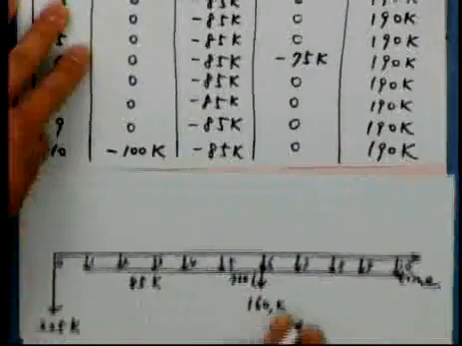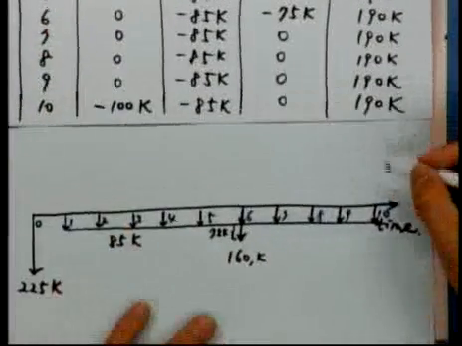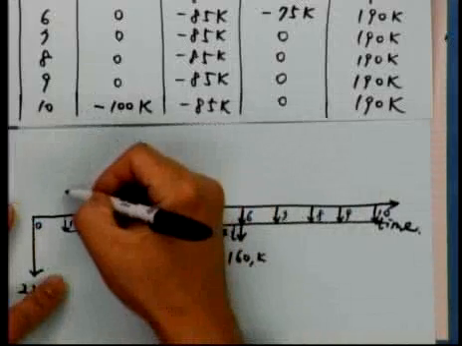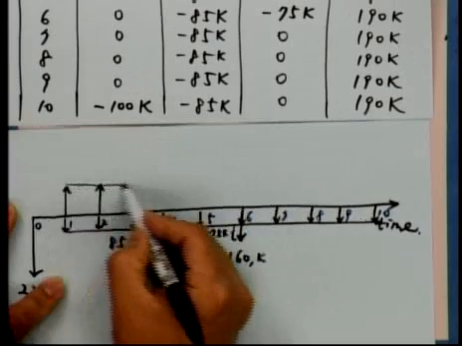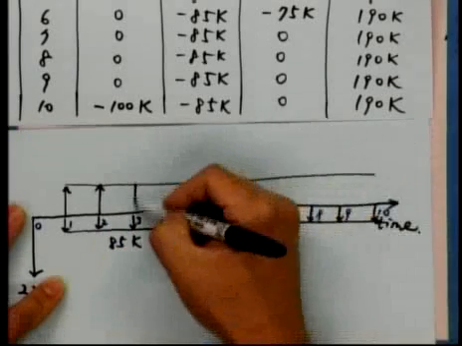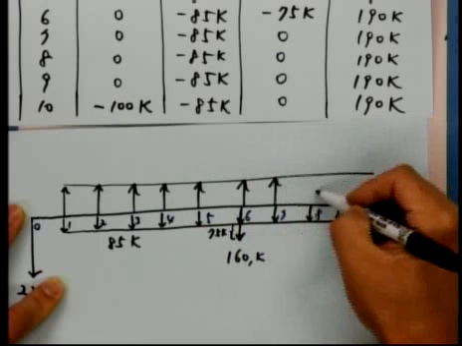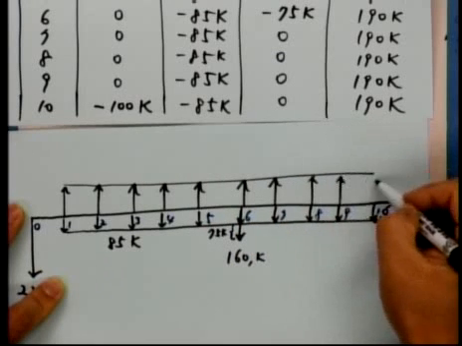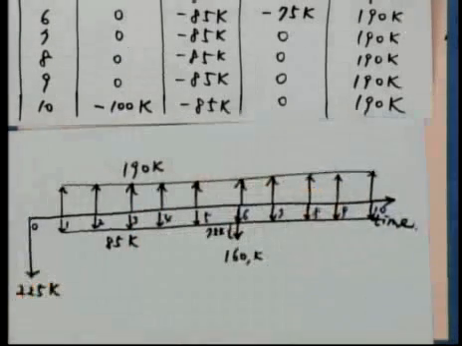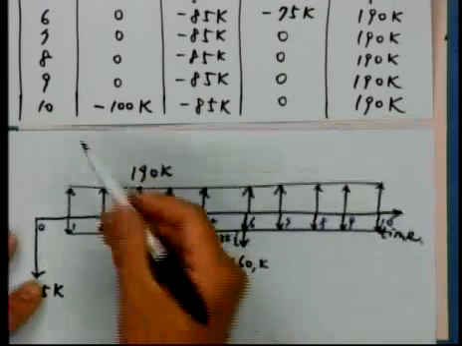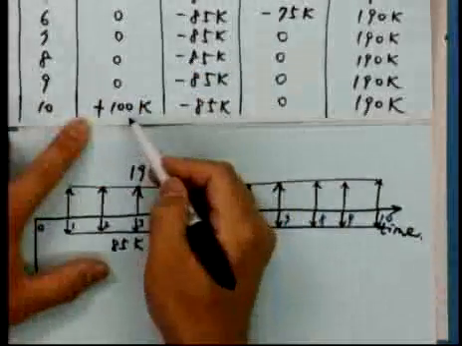Okay. And the benefit, your benefit would be 190K each year, at the end of each year. And at the end of year 10, oops, this should be positive because this is the salvage value.